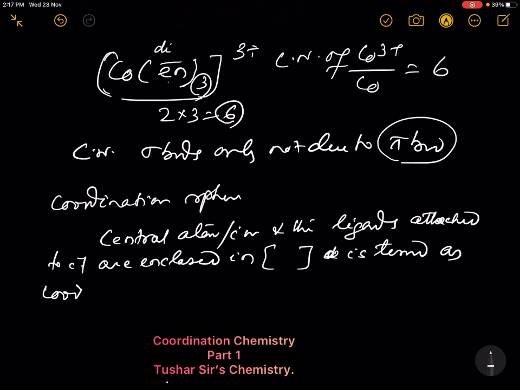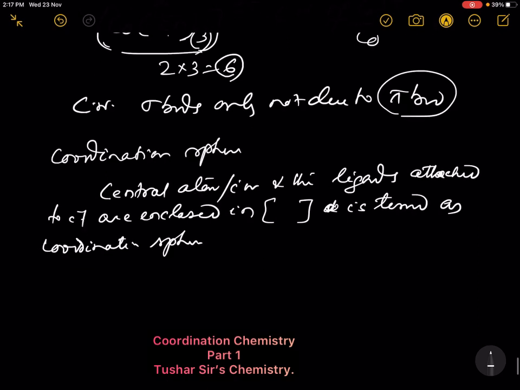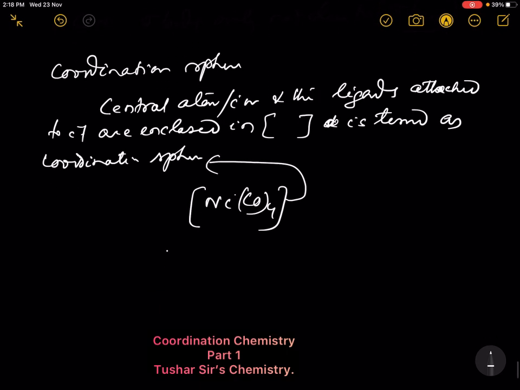You see, in Ni(CO)4 the part in the square bracket is known as the coordination sphere. In [Cu(NH3)4]SO4, the SO4 2 minus is your counter ion.